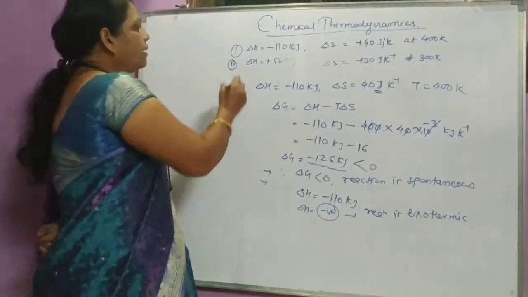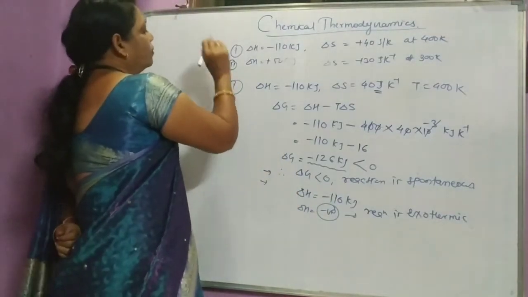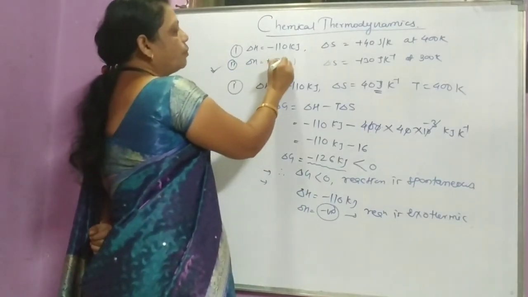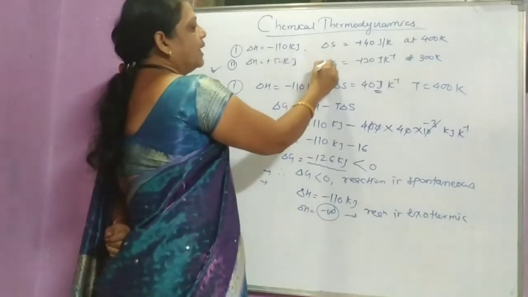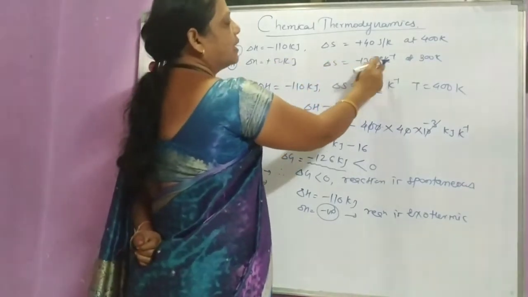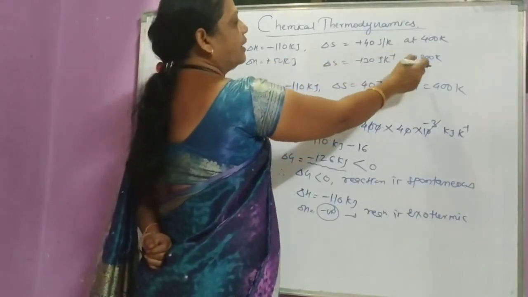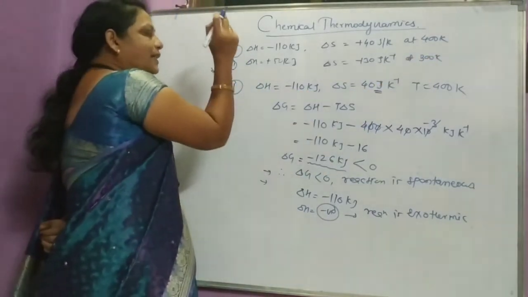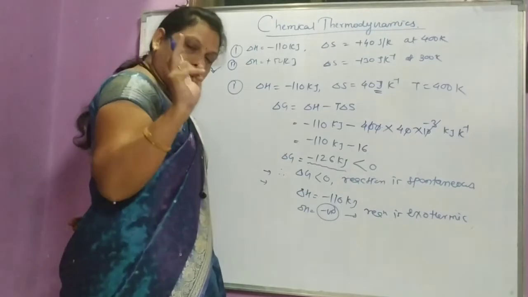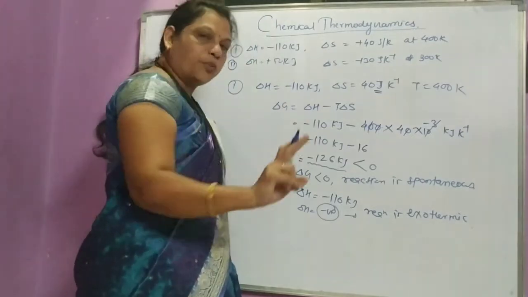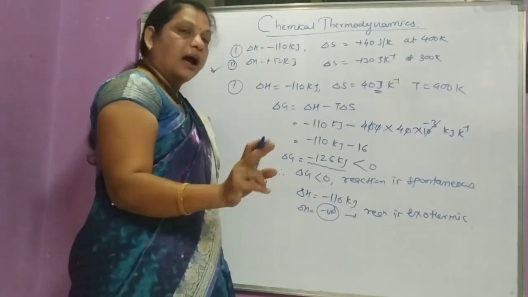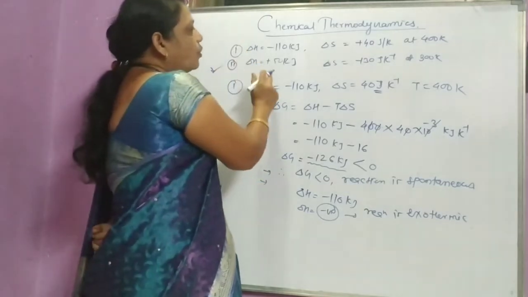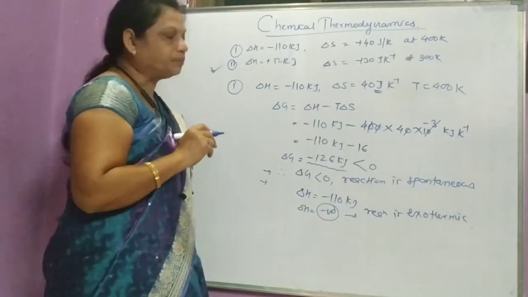Then you have to do this problem. Del H is equal to 50 kilojoule and del S is equal to minus 130 joule per Kelvin at 300 Kelvin. Is this reaction spontaneous or not, and is it endothermic or exothermic?